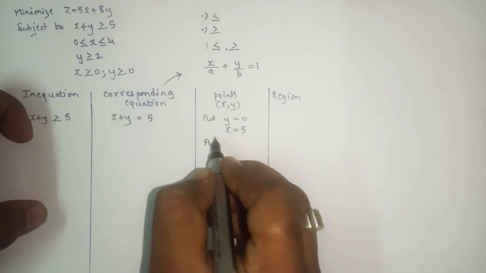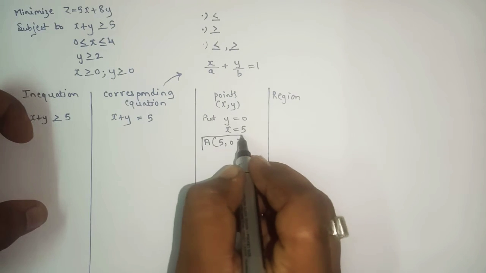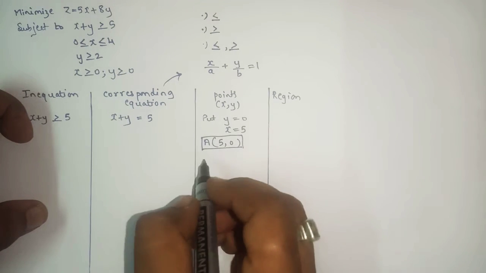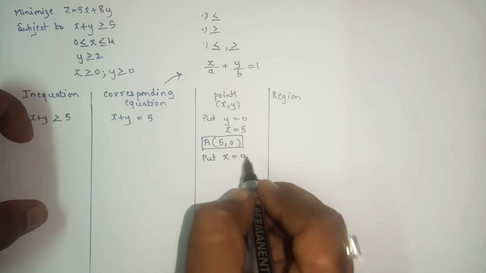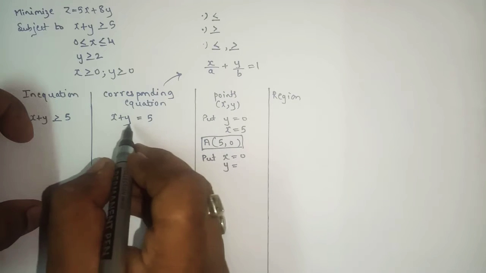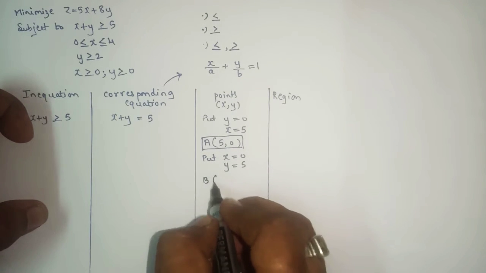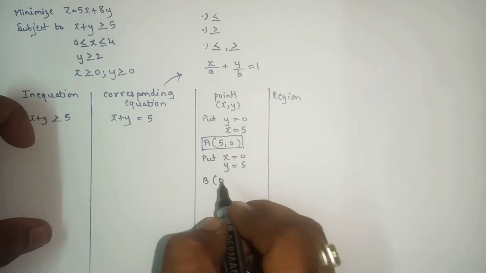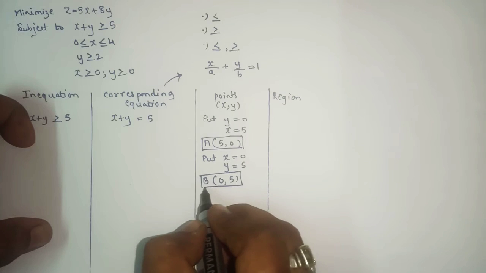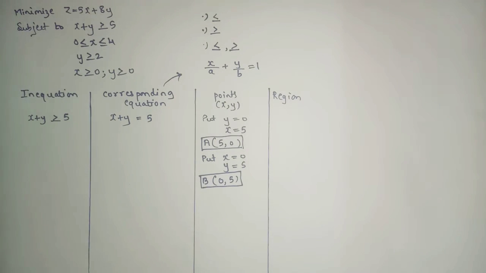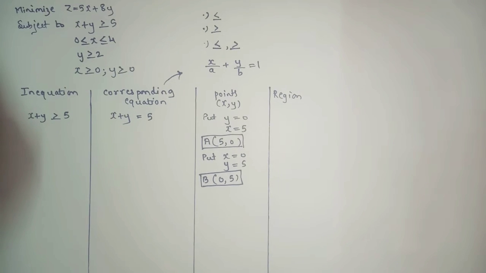So we got the first point as 5 comma 0. In the next case we'll replace x by 0, so we get the value of y as 5. So here we got the point, first x will come and then y. So here we got the first 2 points for the first linear inequation.